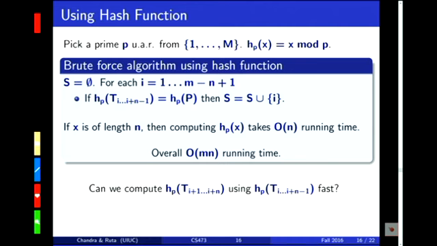Those two hashes will take order n time. And then every time in the for loop, I'm taking order 1 time. I'm running the for loop order m times. So that is another order m, so order m plus n.